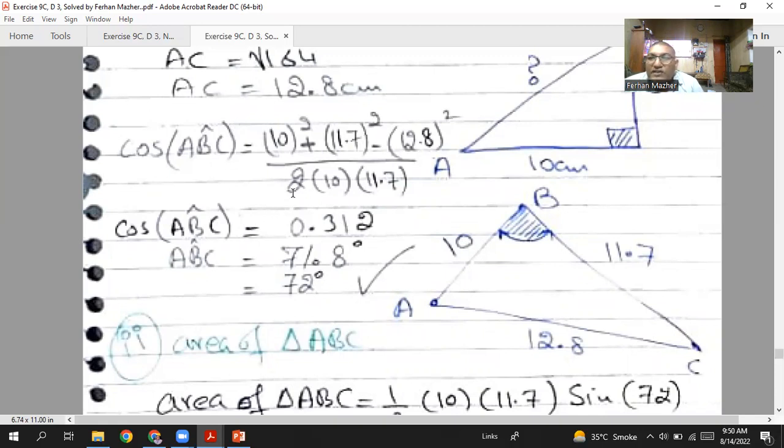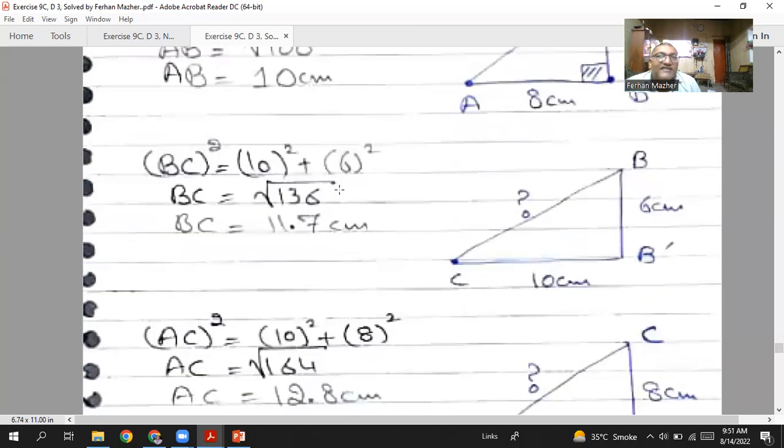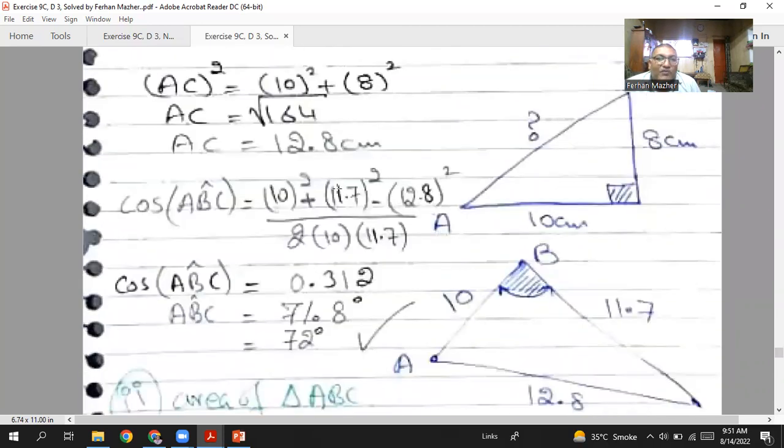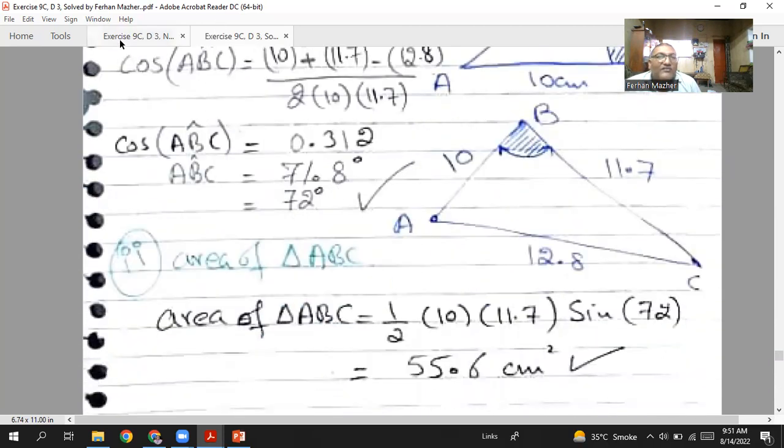So you will get 0.312, then bring the cos here, so it will become cos inverse. So shift cos 0.312 equals to, you will get 71.8 degrees, which is approximately 72 degrees. So this angle ABC will be 72 degrees. So this is how you solve this first part. I hope you understand. Okay, so let's move to the next part.